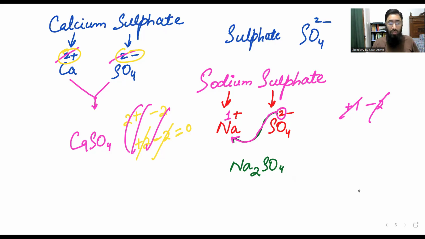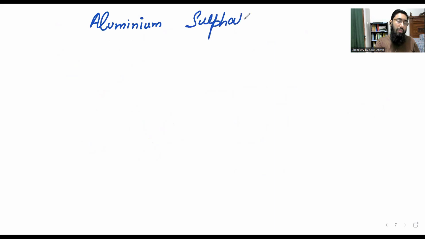Okay. Take one more example, aluminium sulfate. Aluminium carries a +3 charge, and sulfate is SO4 -2.